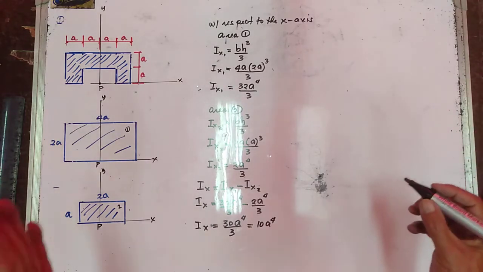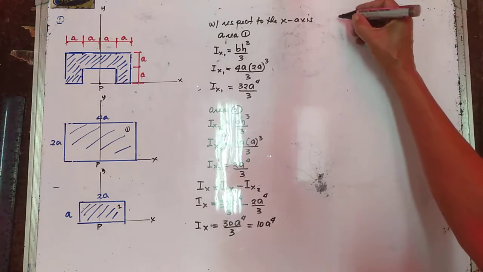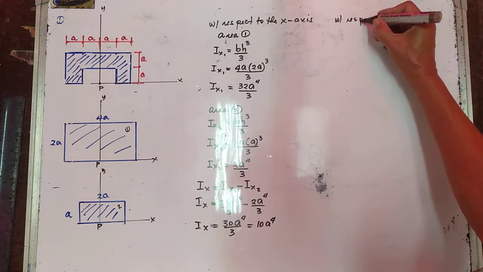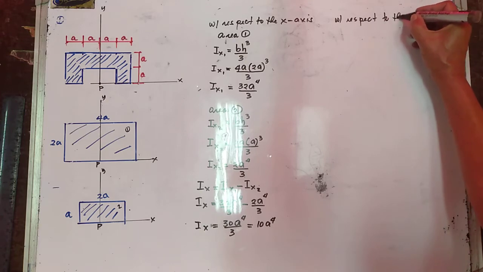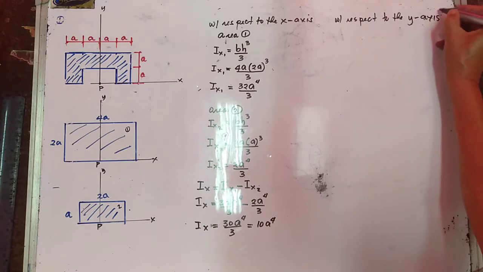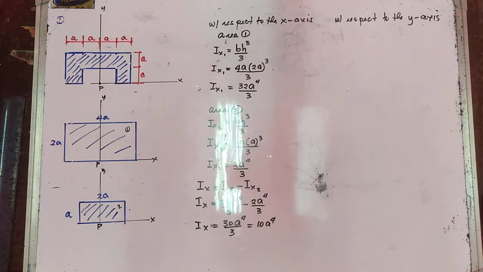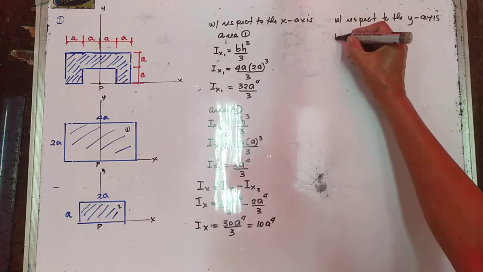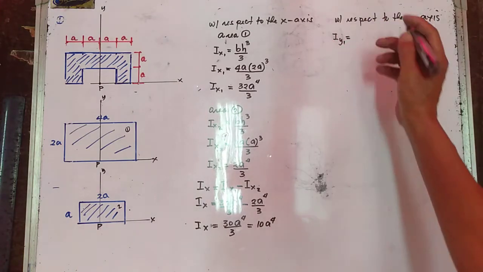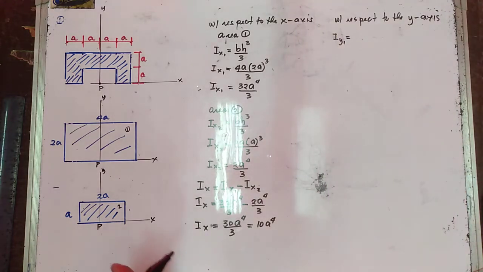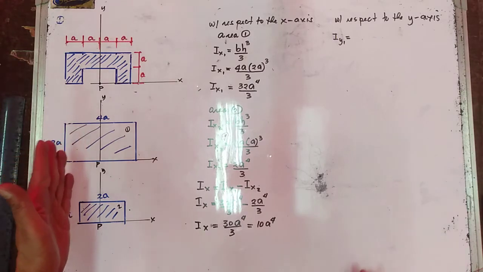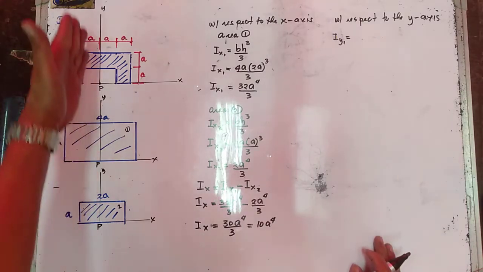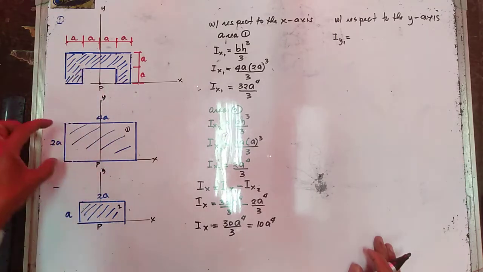Now, let's proceed with respect to the y-axis. For area 1, your Iy1 is now equal to, take note in here that the y-axis passes through the centroid of this area.